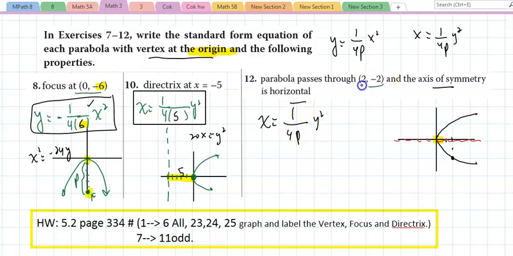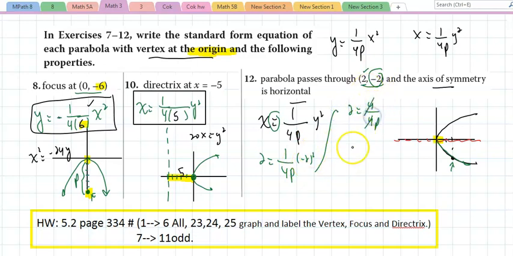What do I need to find? I need to find p. Do you see they gave us a point? Doesn't this point on the curve always satisfy the equation? x equal 2 when y equal negative 2. Doesn't that mean that 2 equal, isn't that 4 over 4p? Those cancel out. So 2 equal 1 over p, if I cross multiply, 2p equal 1, p is 1/2.